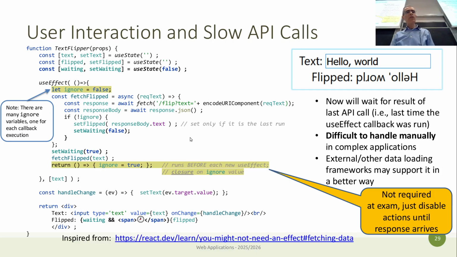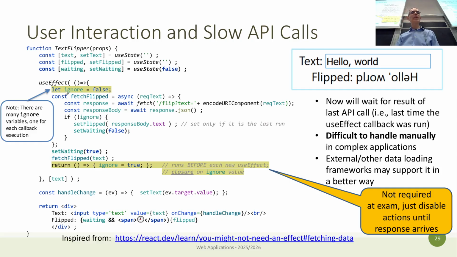Okay, so what do they do? Basically, they make sure that you ignore all answers, all values returned from the fetch until you get the latest one, okay? So they use this cleanup function, which is difficult, of course, okay?